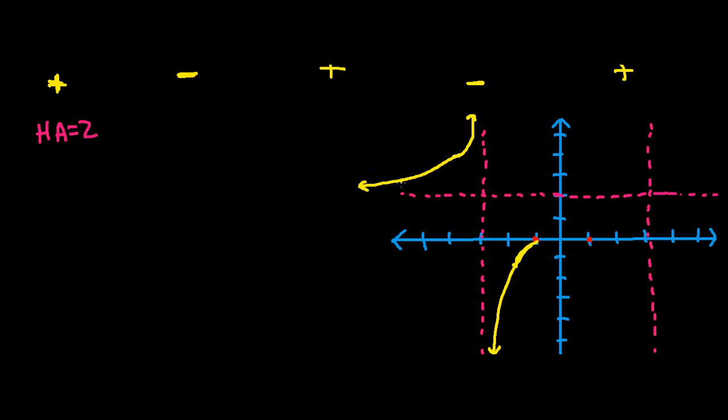So a question someone might have is, how do I know that this does not come down? Well, first of all, there's a horizontal asymptote, but of course not every problem is going to have a horizontal asymptote. So this might be a poor example to explain this.